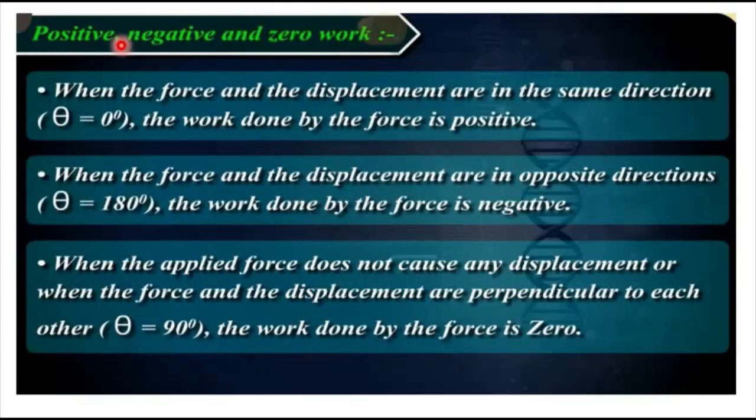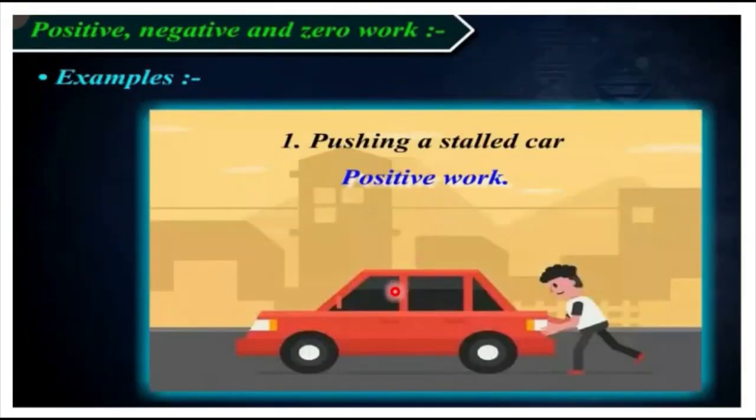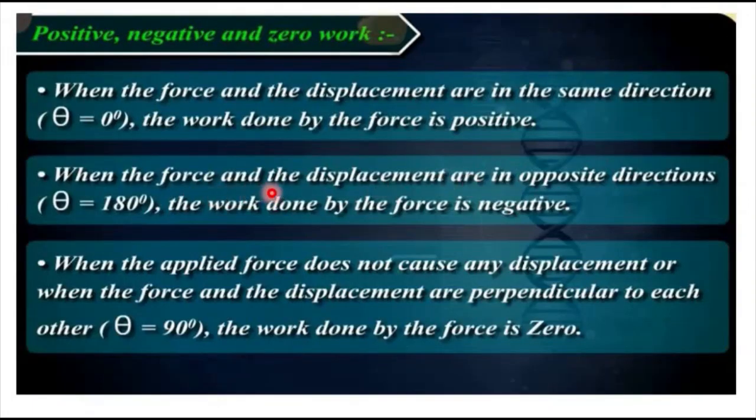Now let's see the definitions of positive, negative and zero work. When force and displacement are in the same direction, the work done by the force is positive. In this example, force and displacement are in the same direction, hence this is an example of positive work. When the force and the displacement are in opposite directions, the work done by the force is negative, as theta is 180 degree.